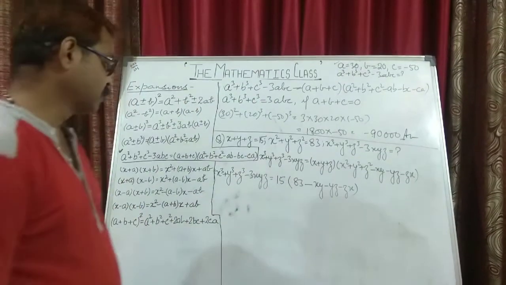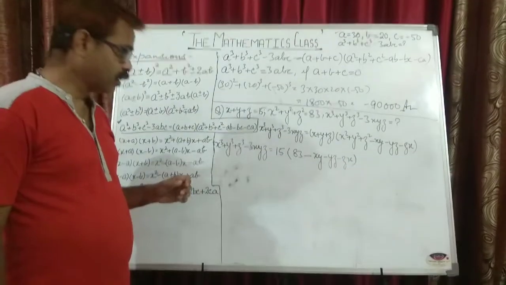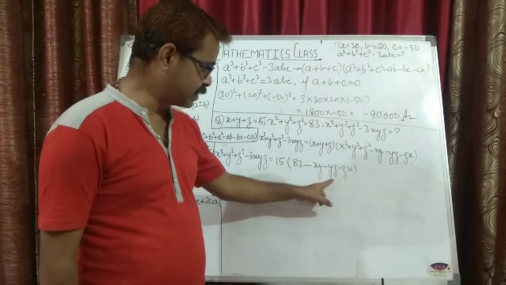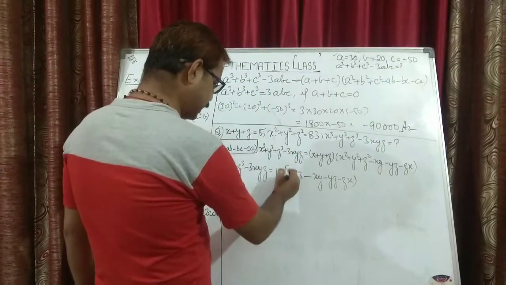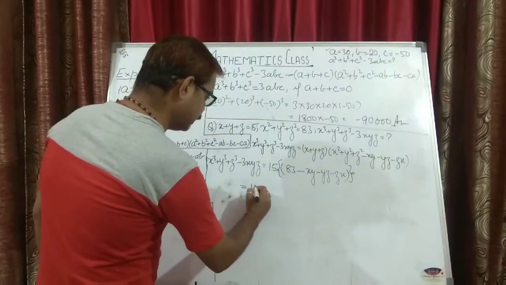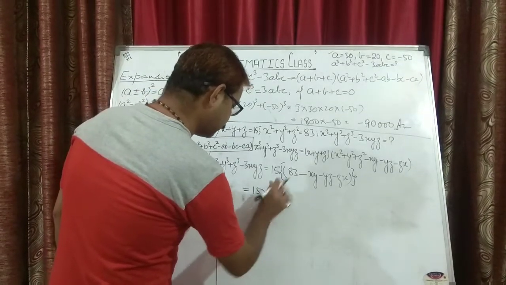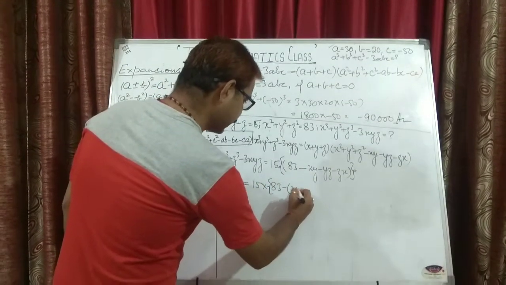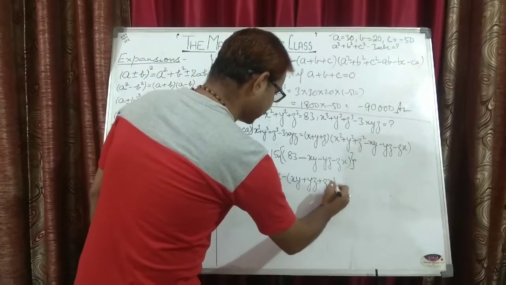Now in this you can see we require the value of xy plus yz plus zx. So we can write it as 15 into 83, and I'm taking minus common from this. So minus, it is xy plus yz plus zx.